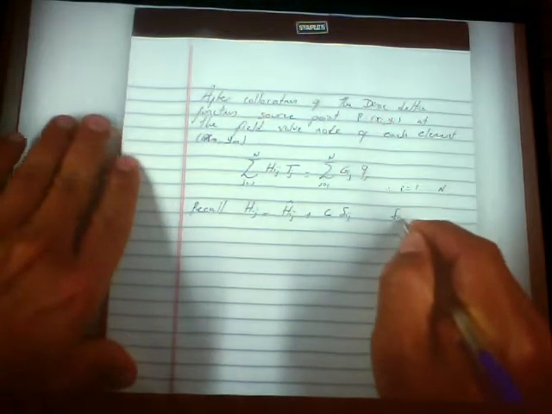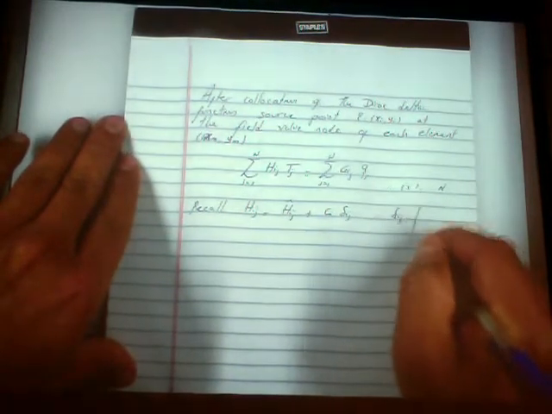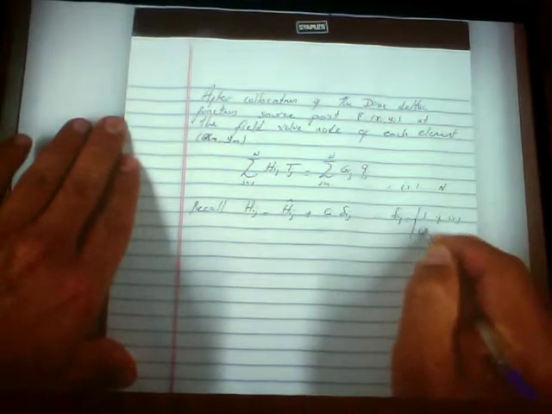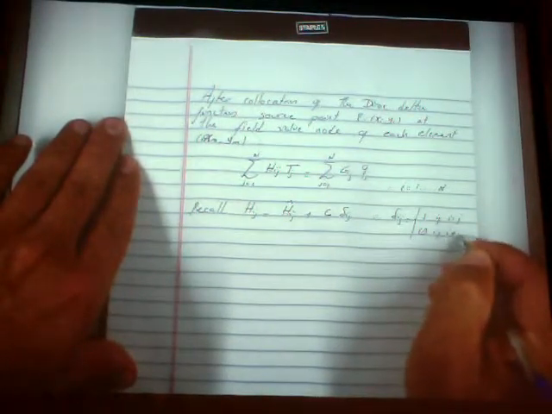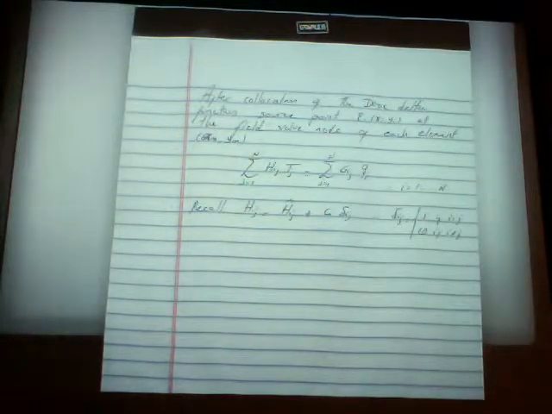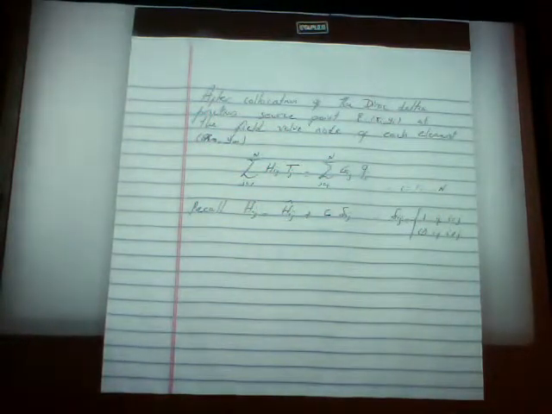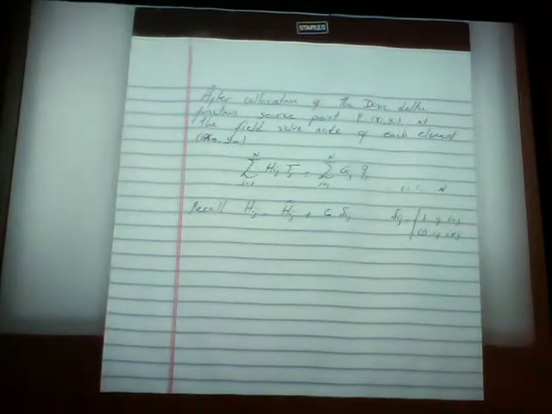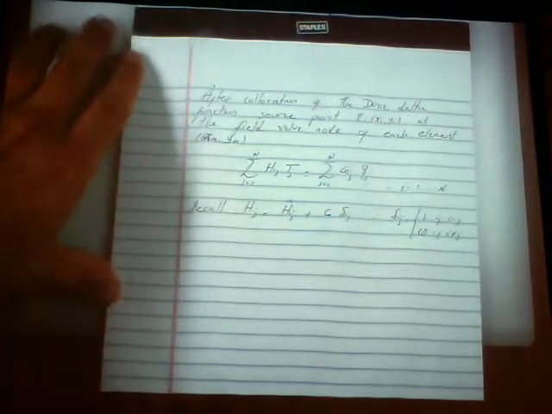Remember that delta ij is the Kronecker delta. So delta ij is equal to 1 if i is equal to j, and 0 if i is different than j. It's just an identity matrix. So we basically added Ci to the diagonals of the matrix Hij. We went through a hand exercise last time to look at the matrix.